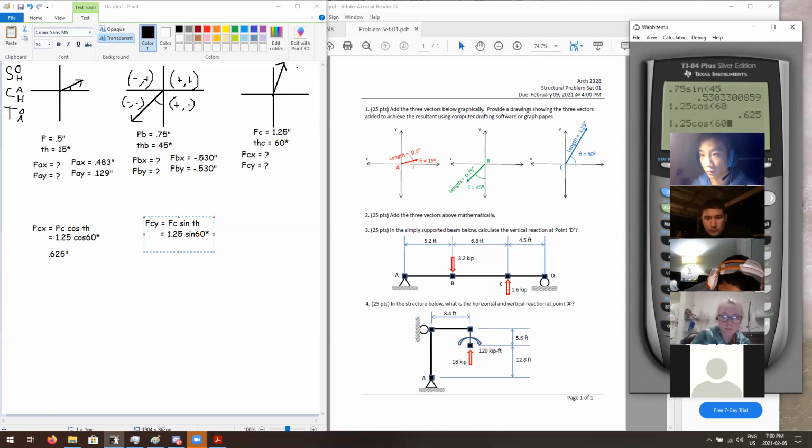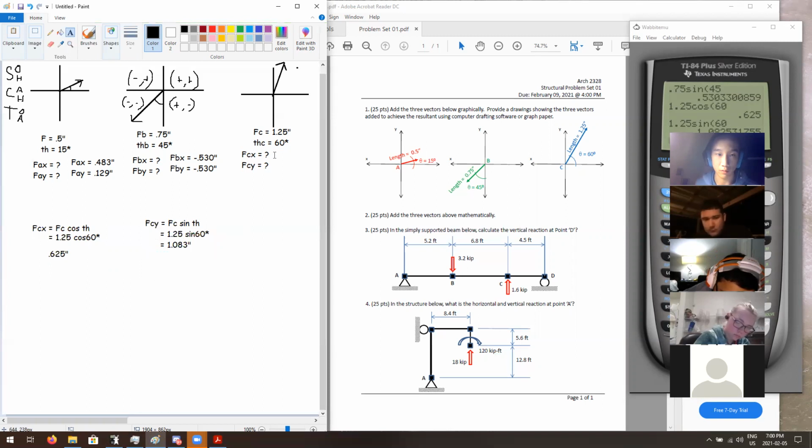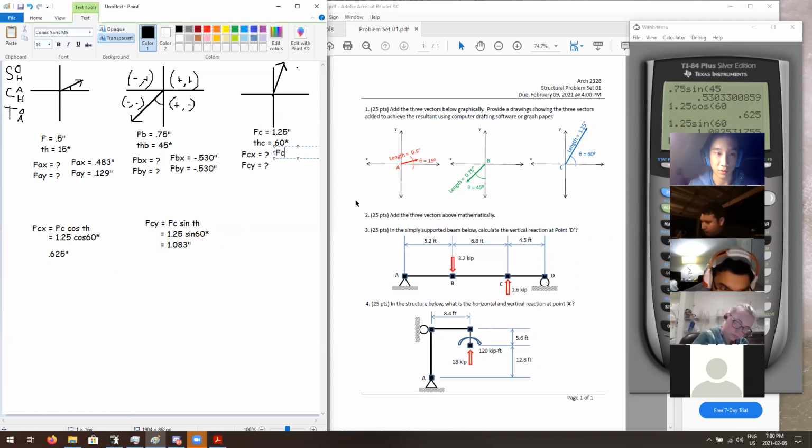And then we get 1.0823. 1.083 inches. Beautiful. F sub cx is equal to 0.625 inches, and F sub cy is equal to 1.083 inches.